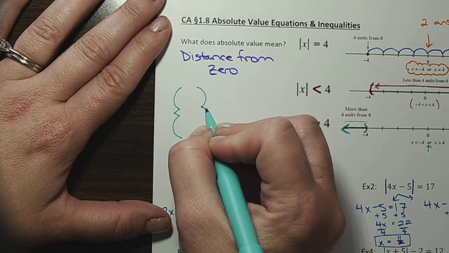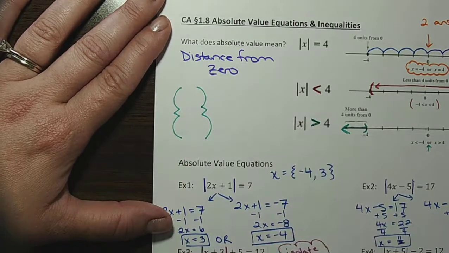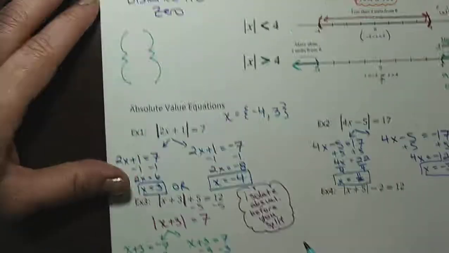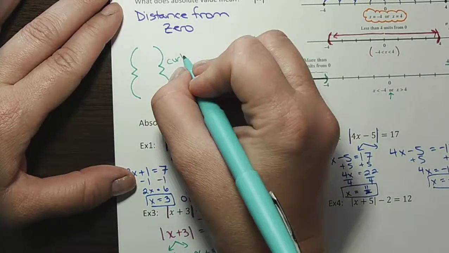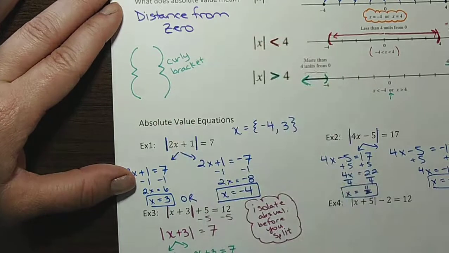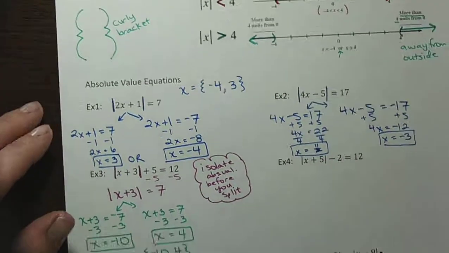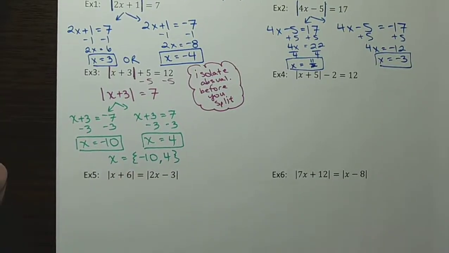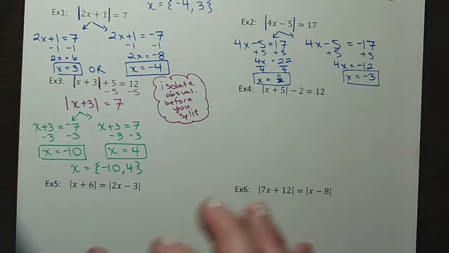They're called curly brackets, a curve, a point, and a curve. That is called a curly bracket. You can write that down, curly bracket. I did not know those officially had that name, but that is what they are called. And a curly bracket is what we use for set notation. It's not a parentheses, it's not a square bracket.